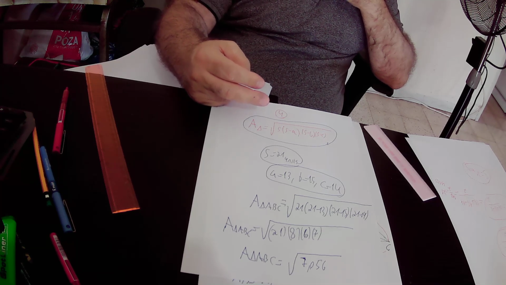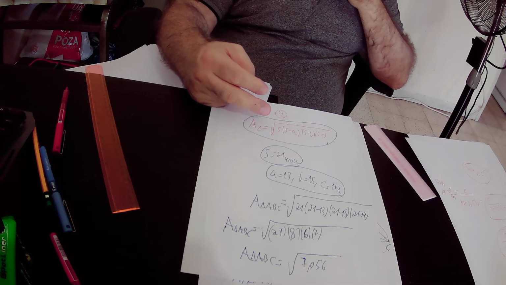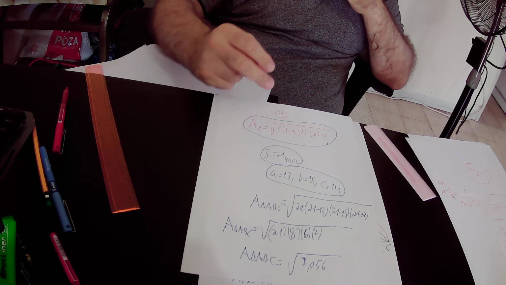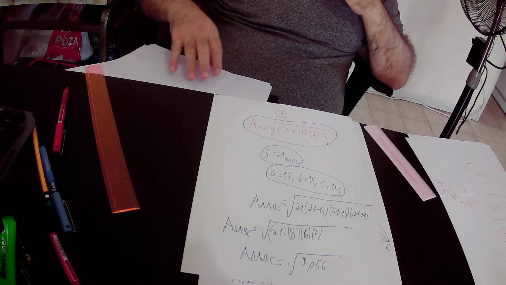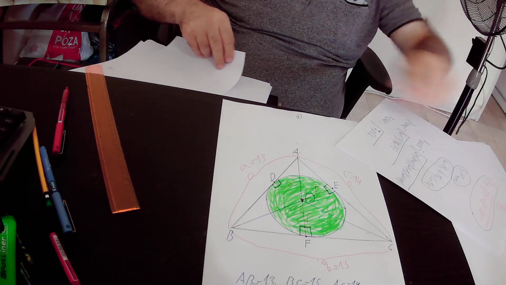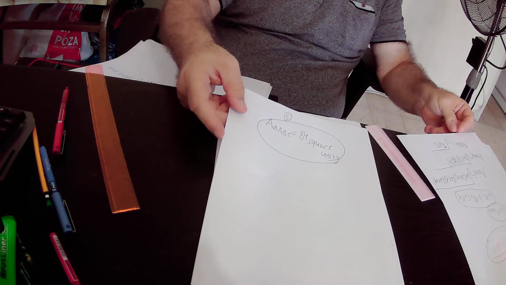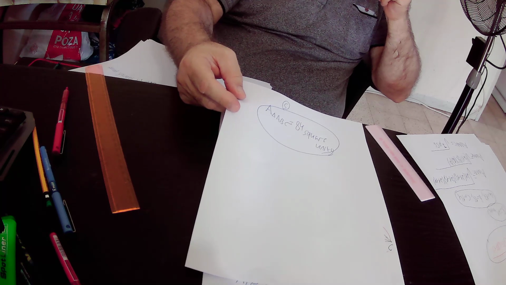We used this formula to find the area of triangle ABC, and we found that it equals 84 square units.